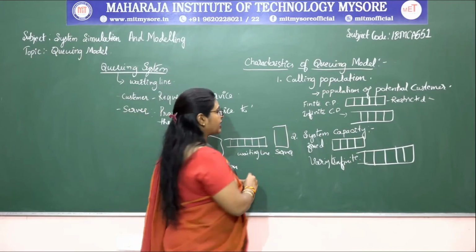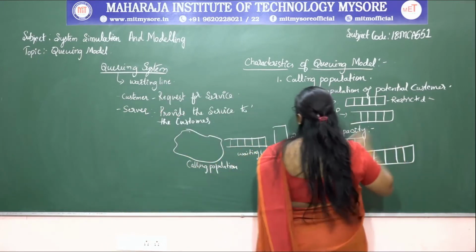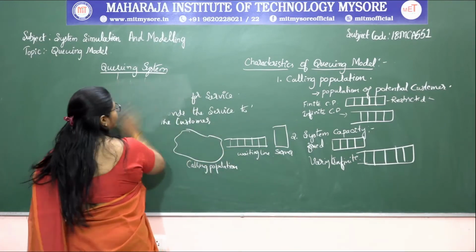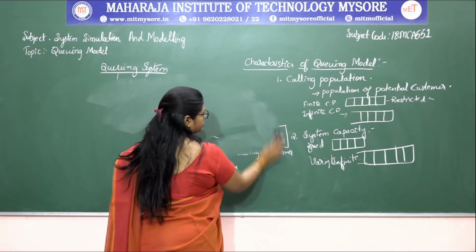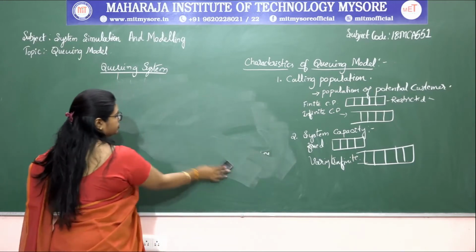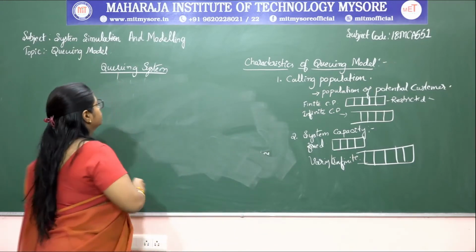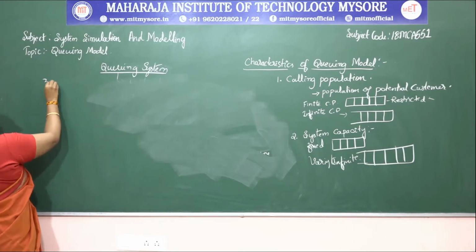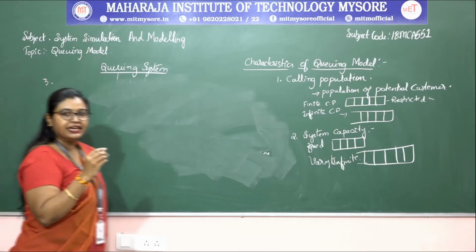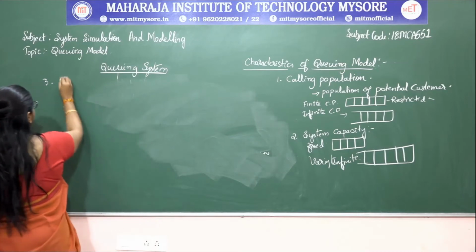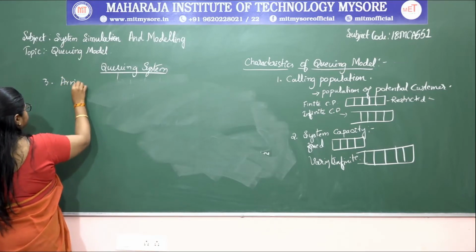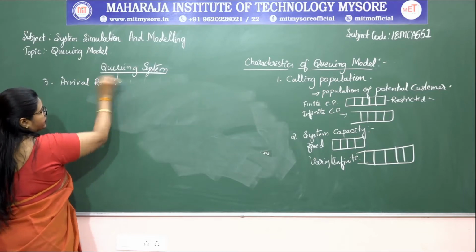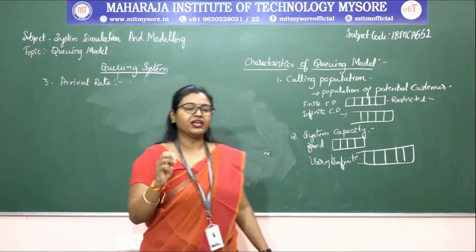And another one characteristics of this queuing system is the another characteristics, that is third characteristic of this queuing model is the arrival rate. Or arrival process we can say.